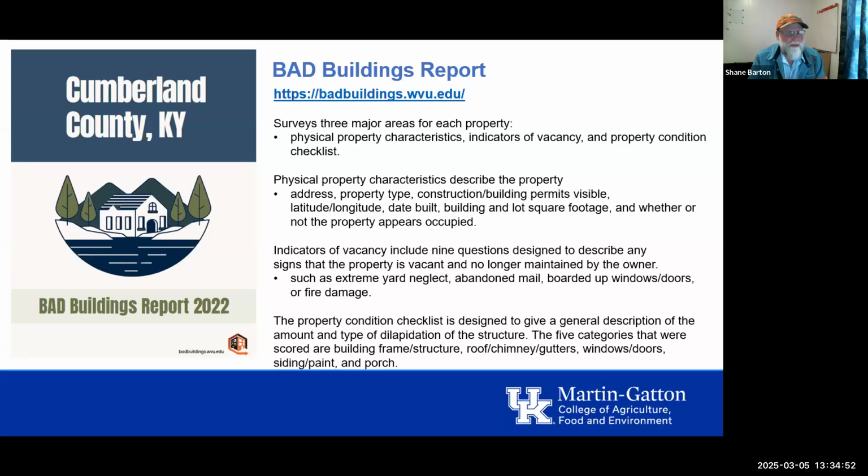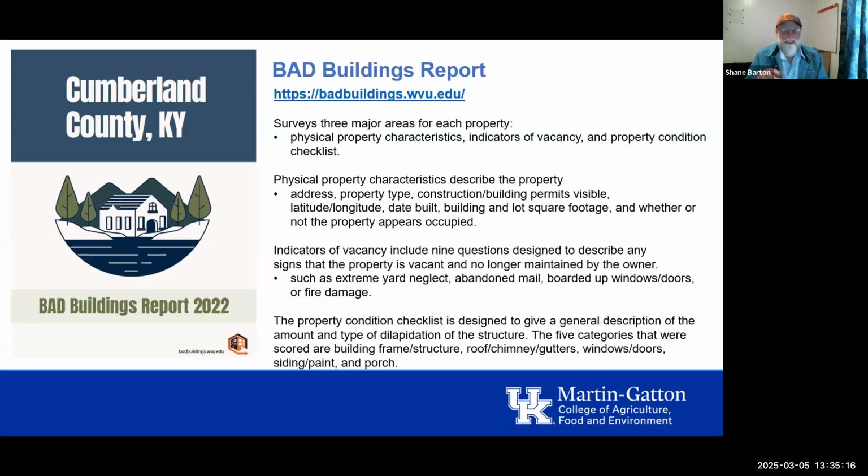Then the indicators of vacancy really are 9 questions that help you discern visible signs of vacancy, such as a neglected yard, abandoned mail, boarded up windows or doors, or existing fire damage that would make that house uninhabitable.